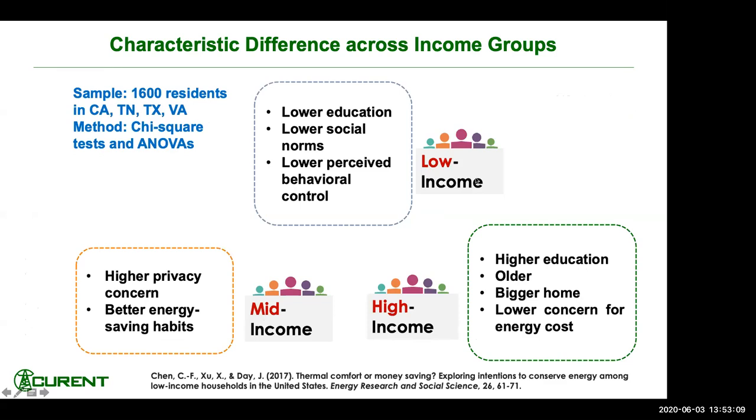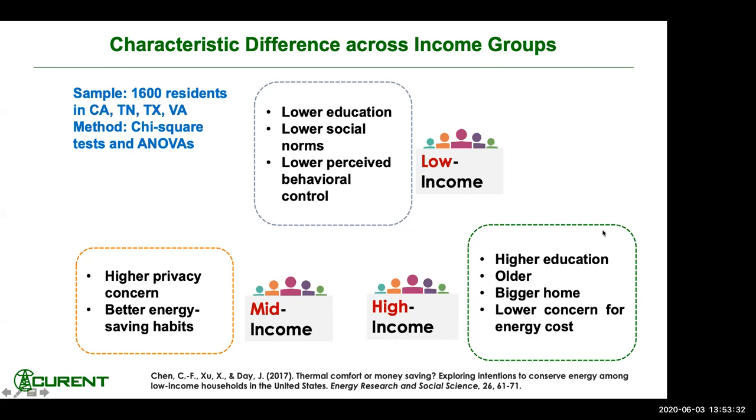So we found low income people have lower education and lower social norms. For some reason, they think their friends' and families' behavior doesn't influence them a lot. This is surprising. And then also lower belief in how much they can change their behaviors.